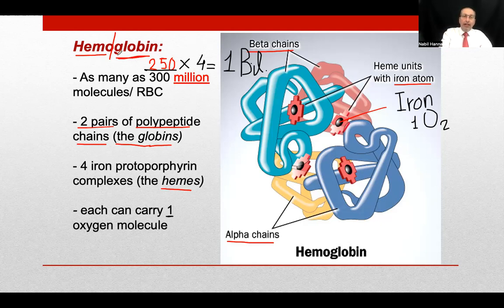If the pathology is in the globin part, sometimes you are born with one alpha chain missing, and we call this alpha thalassemia minor. If you're born with your 2 alpha chains missing, we call this alpha thalassemia major. By the same token, if you're missing beta chain, that's beta thalassemia.